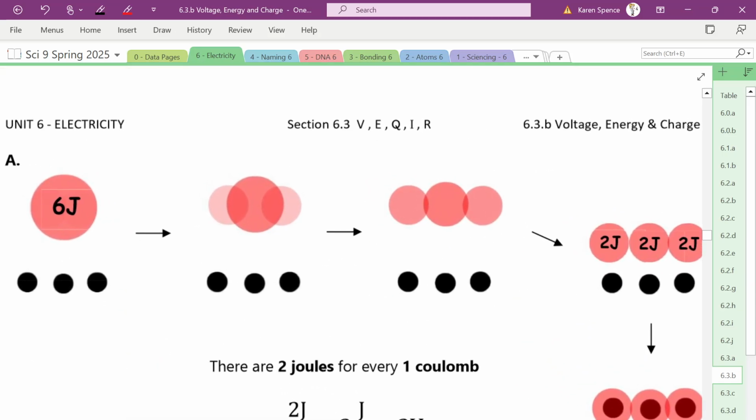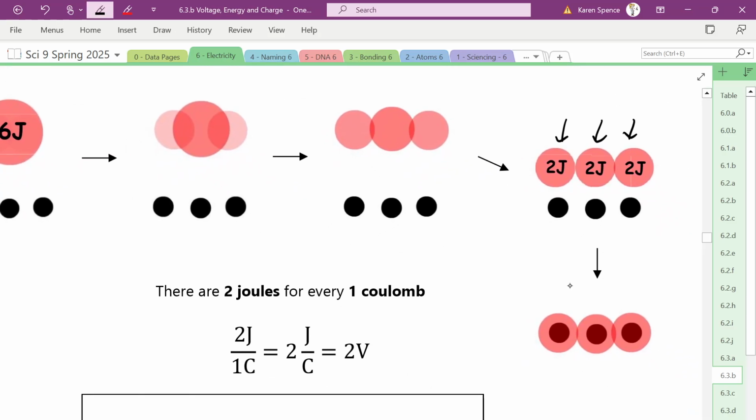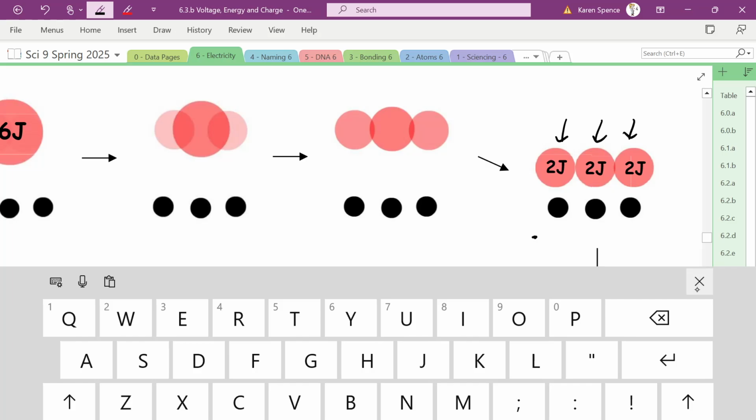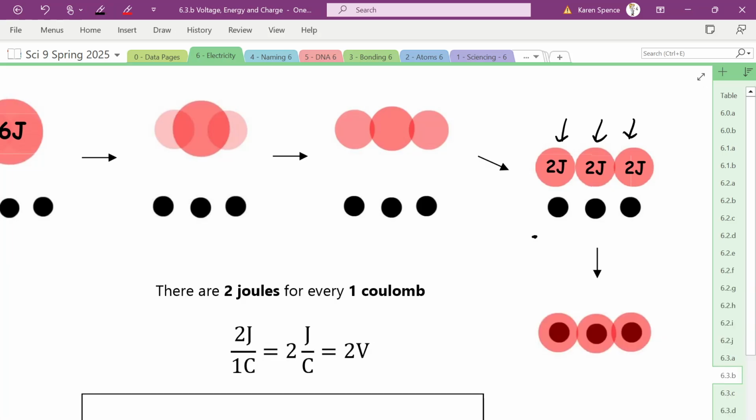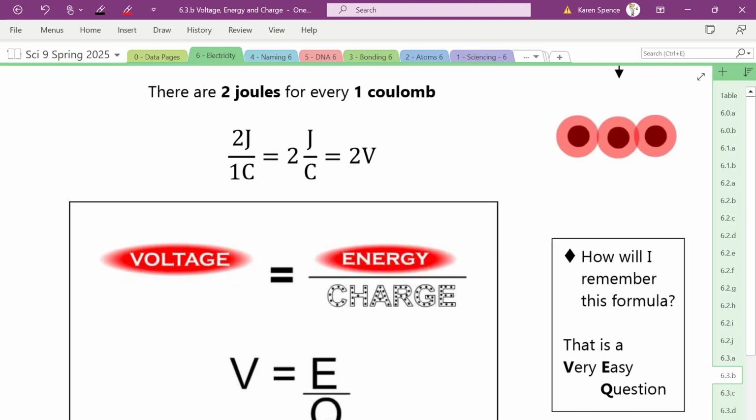You can see the 6 joules is being split up into 3 2-joule quantities, and each of those is then attached to a coulomb. So that is 2 joules per coulomb.